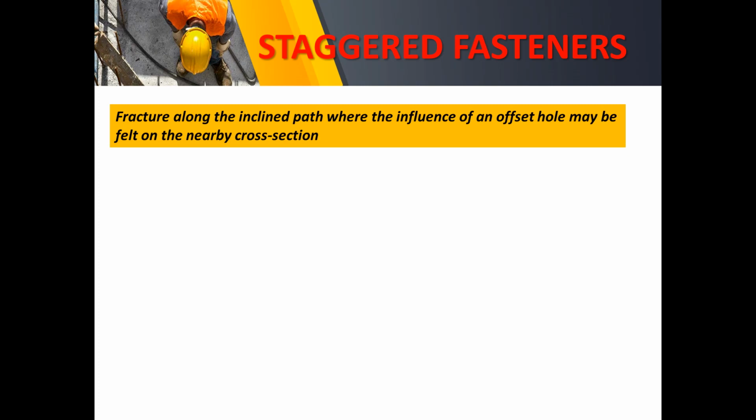Now, on staggered fasteners, fracture occurs along the inclined path, where the influence of an offset hole may be felt on the nearby cross-section. So it will develop two stresses here, namely the shear stress and the axial stress on the section.